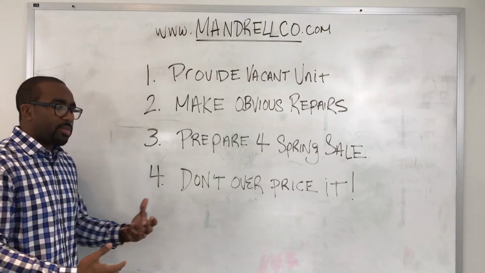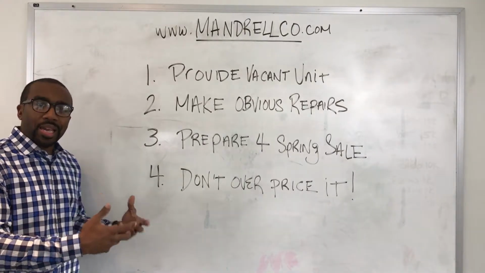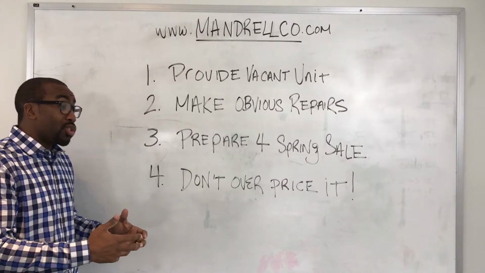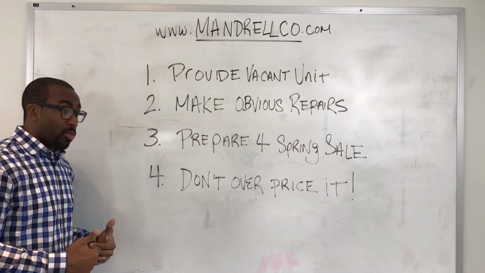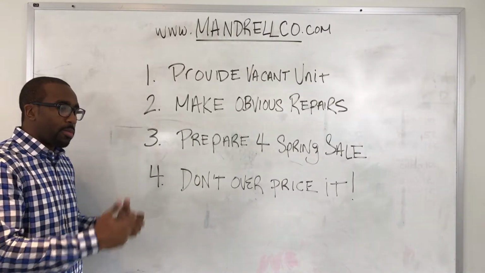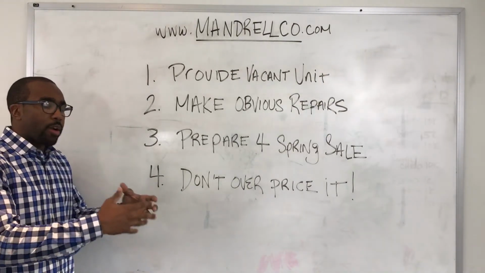A stale listing is something that's been sitting out there for 60, 90 days, and now it's not getting as much attention as it should. When you do that, you actually tend to get a lower sales price than you would have if you just priced the property appropriately from the beginning and sold it as quickly as possible to the best buyers during this spring or summer market.